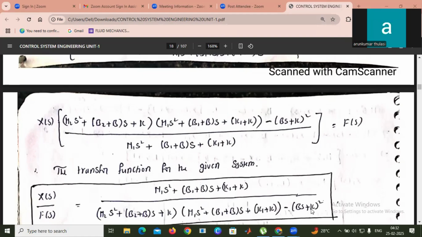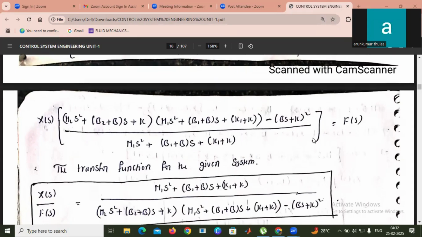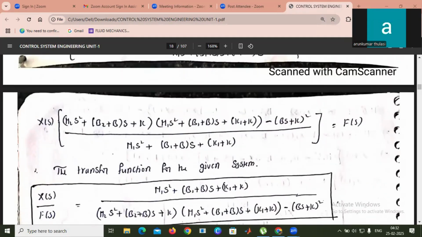That is the reason we bring a physical system or a control system into the form of a transfer function; only then can we make whatever modifications we require to obtain the steady state condition. So this is about the mechanical translation system, and thank you.